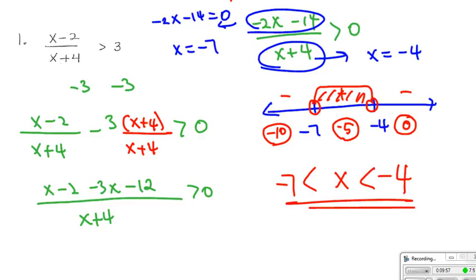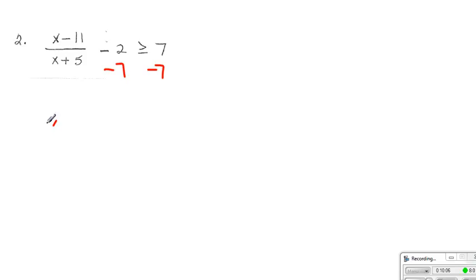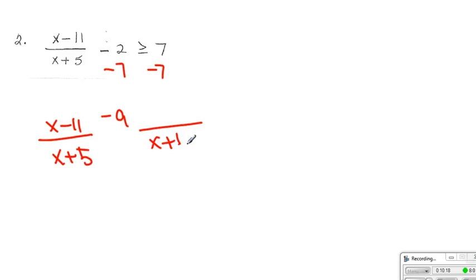All right, let's move on to the next question. Here, same idea as before. So when we subtract 7 from both sides, we'll end up having (x minus 11) over (x plus 5), now minus 9. But we will multiply top and bottom by x plus 5 to make the common denominator, and hence making it into one fraction.